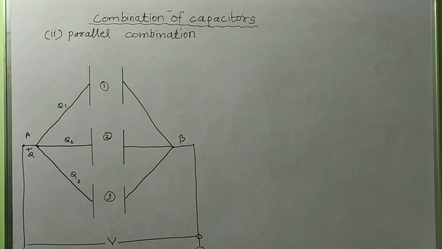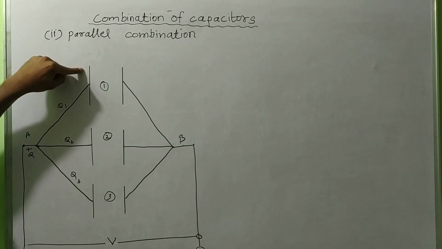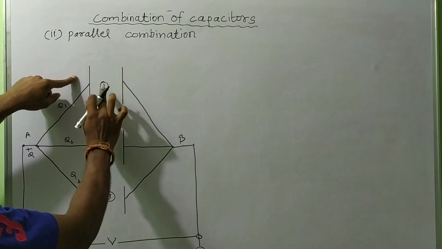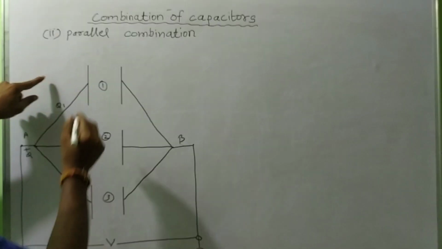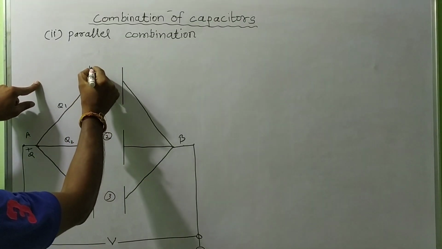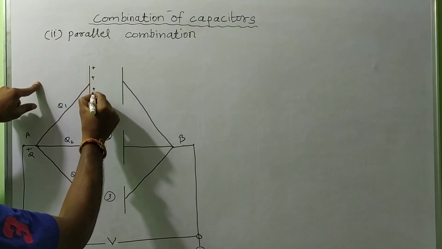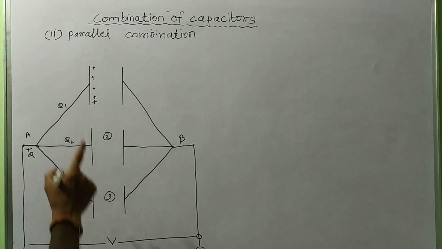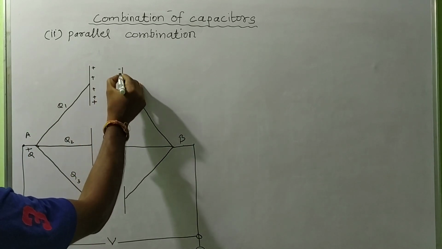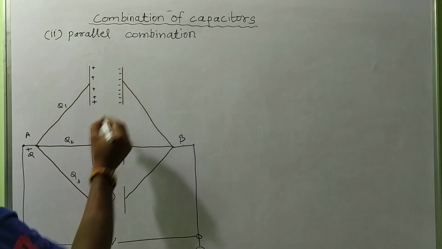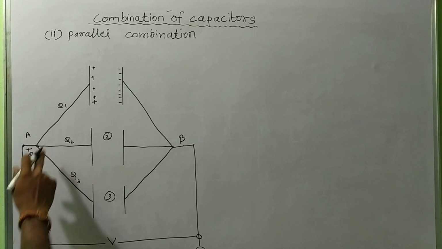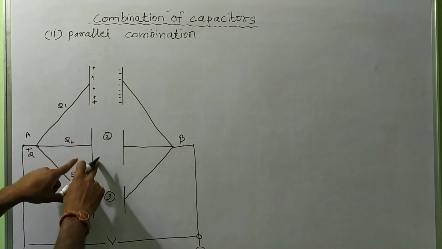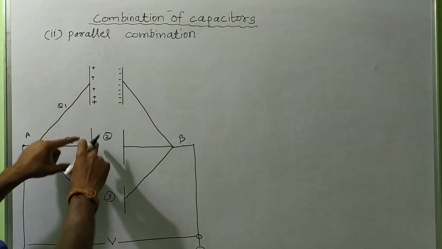This charge is distributed over the surface of the first plate of the first capacitor. So the inner surface of the first capacitor will be positively charged, and due to induction, negative charge will be induced here.